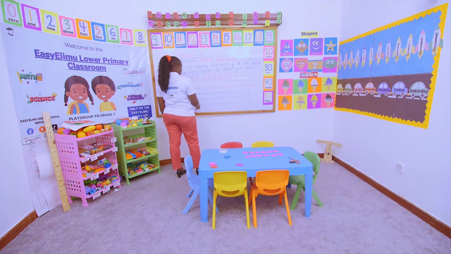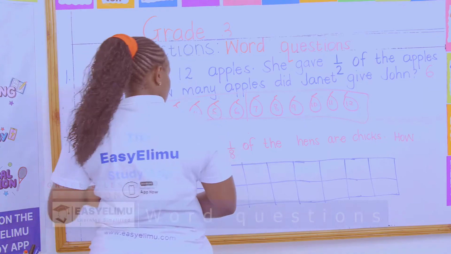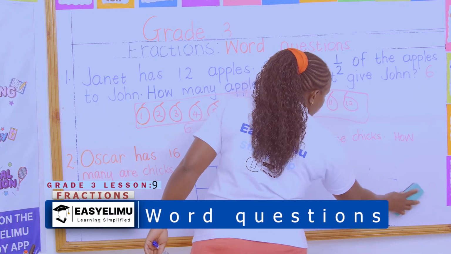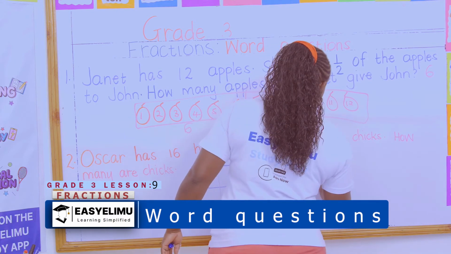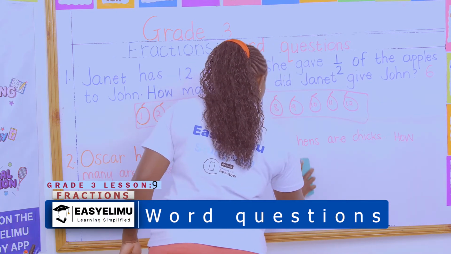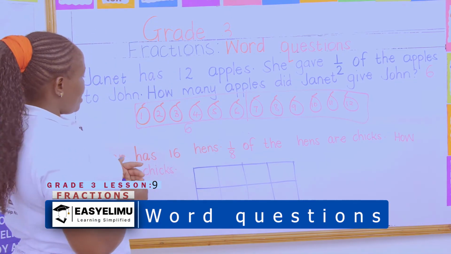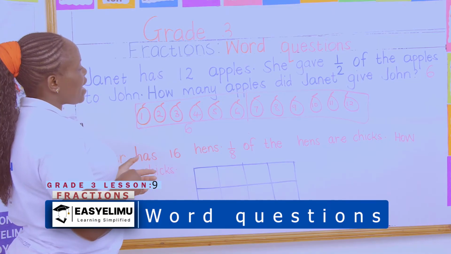So we are being told the hens were divided into how many? They are only supposed to be 8. Then we are being told, of all these 16 hens, an eighth of the hens are chicks.